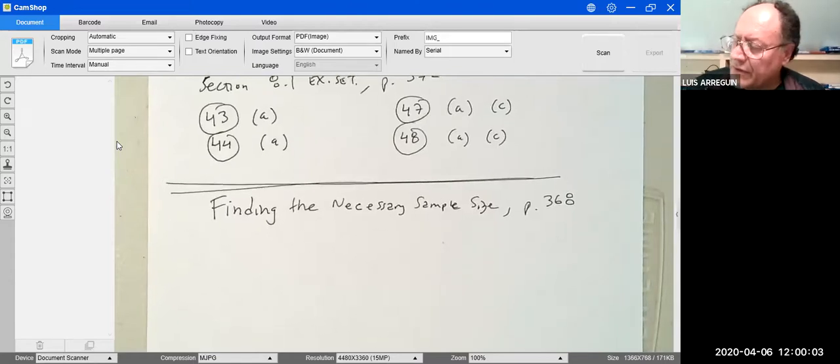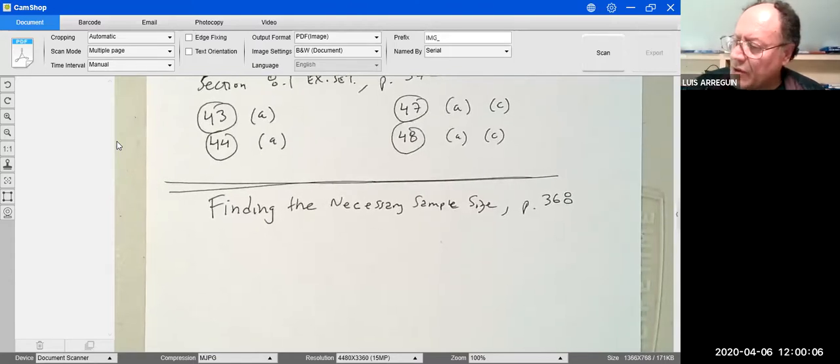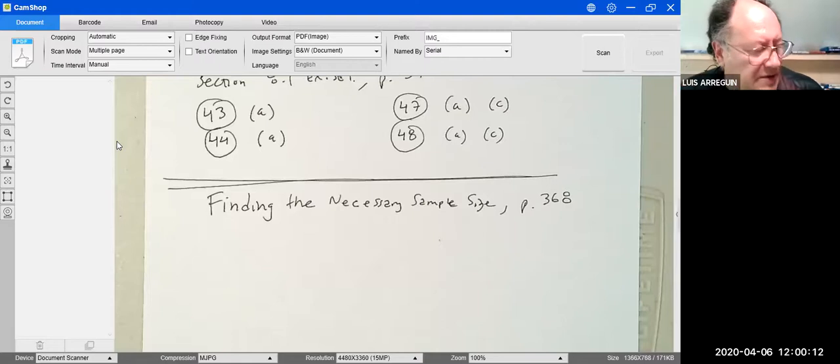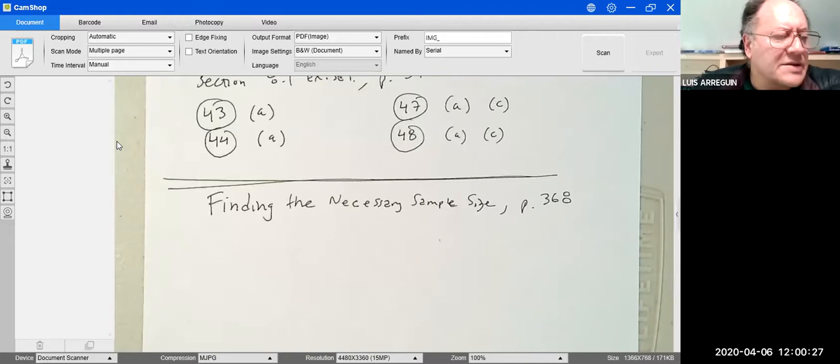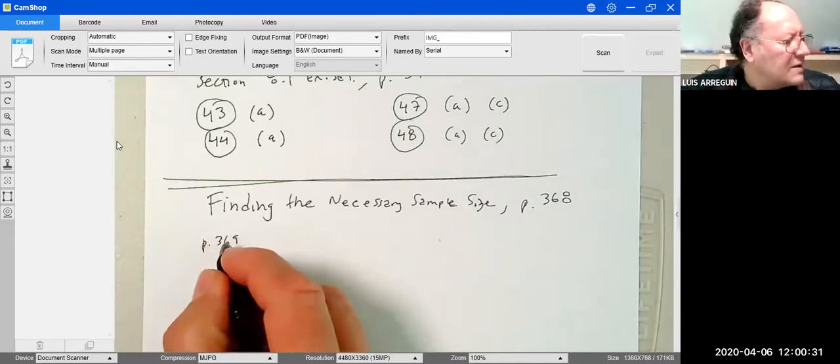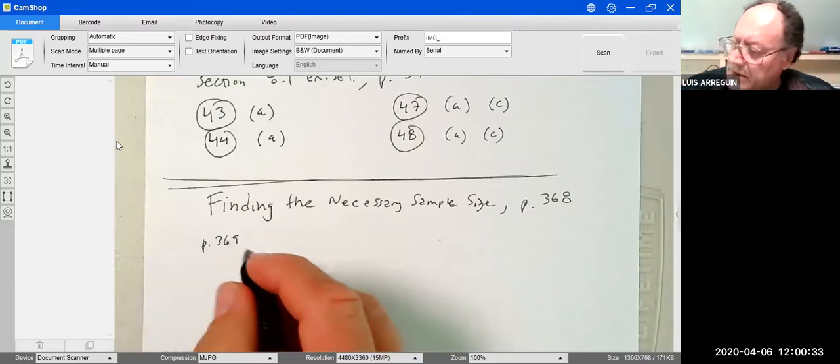Okay, to finish section 8.1, we need to take a look at finding the necessary sample size. So when you're going to conduct an investigation, a research, a survey, sometimes you need to know in advance what is the best sample size for you to get the margin of error that you are expecting. To do so, you just need to follow a formula that is on page 369. So on page 369, your book provides the following formula.